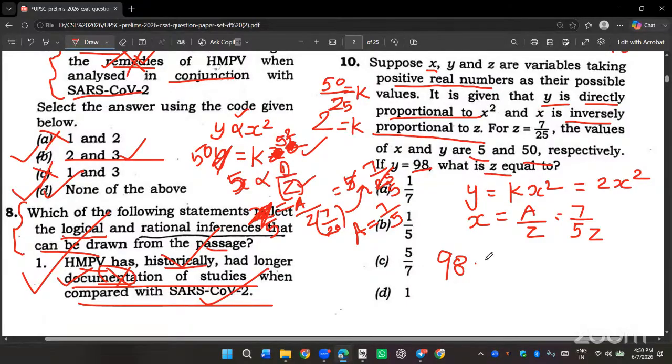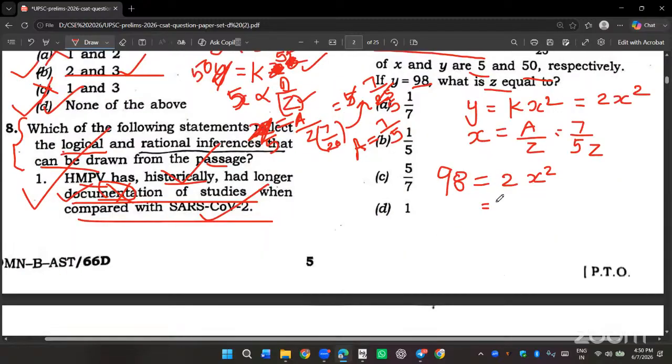So first substitute Y, then find out X value. So what we can find here, X squared is equal to 98 by 2. So it is 49. Then x is equal to square root of 49. I take a square root on both. So x will come out 7. So x value is 7.